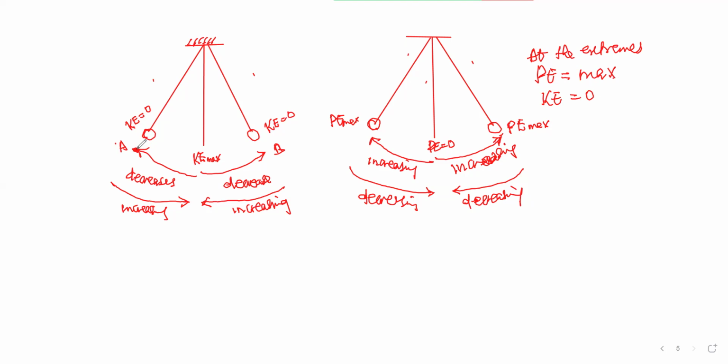Now, as we move to the mean point from the extremes, PE will be decreasing, whereas KE will be increasing.